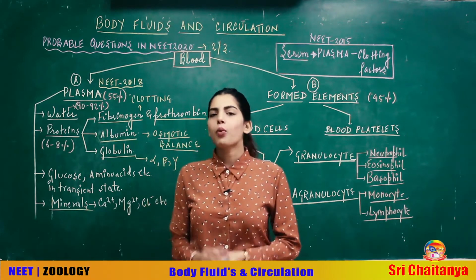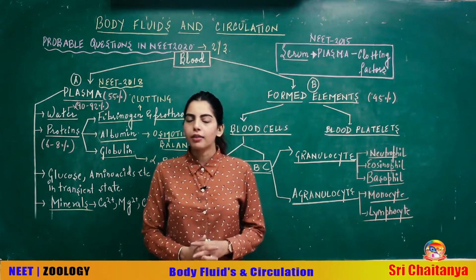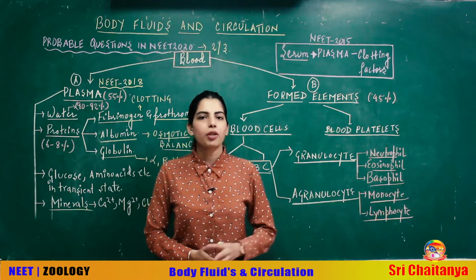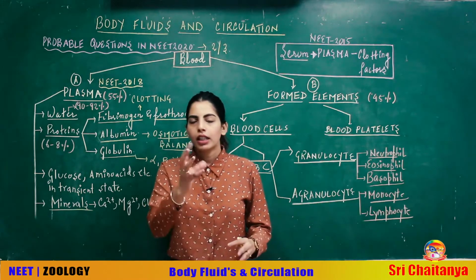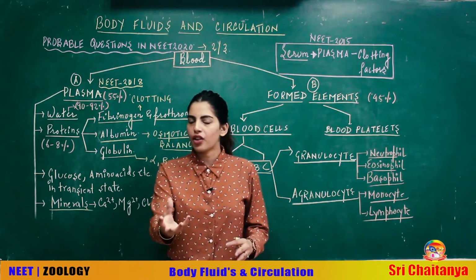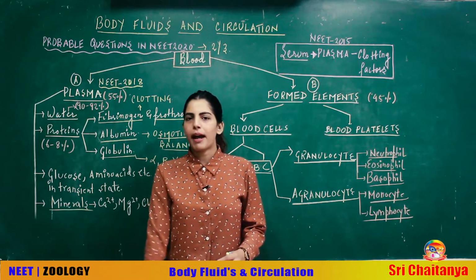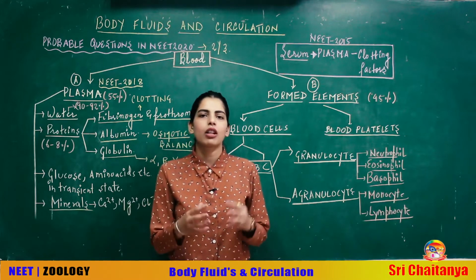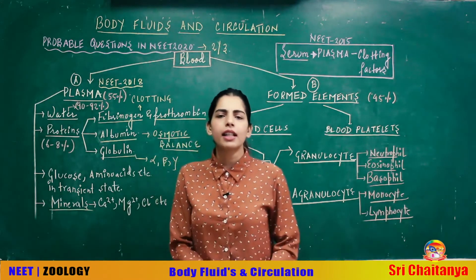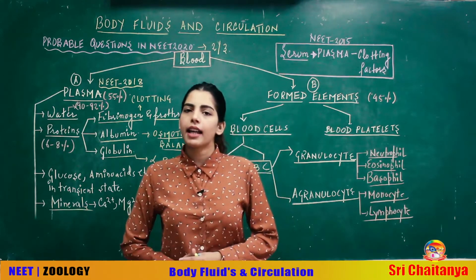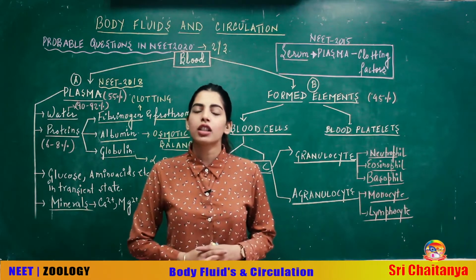Also, when you see what is the requirement of this blood, we studied the first chapter, digestion. The requirement was the end products of digestion, like glucose, amino acids, fatty acids, glycerols, everything which is ultimately utilized by these cells with the help of oxygen.